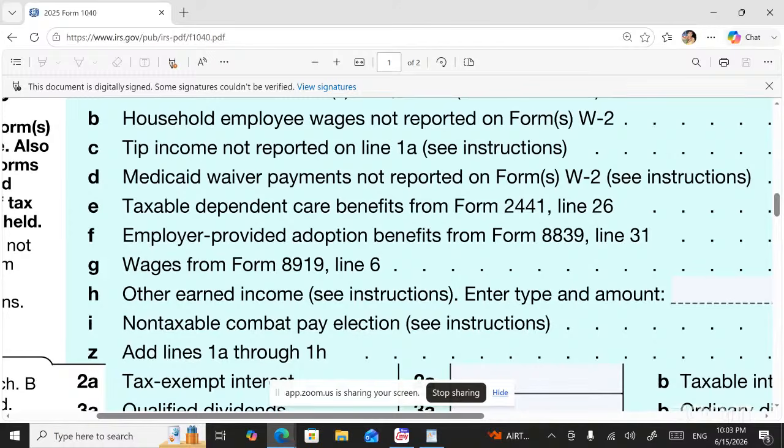Then form number 8839, complete details of the adoption, complete details of the employer support, everything to be included here. Actually, the adoption benefit is divided into two types.